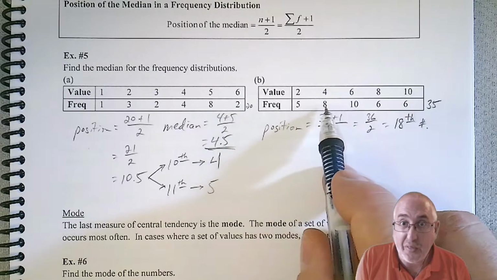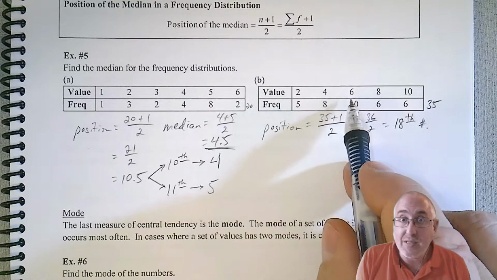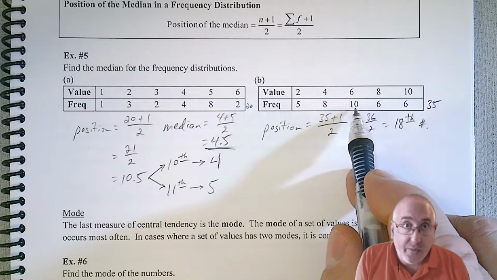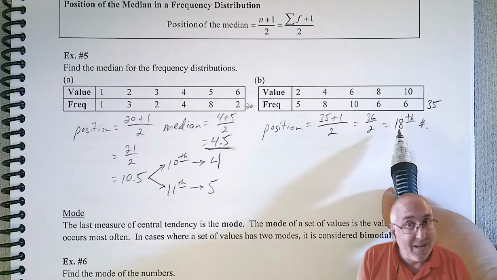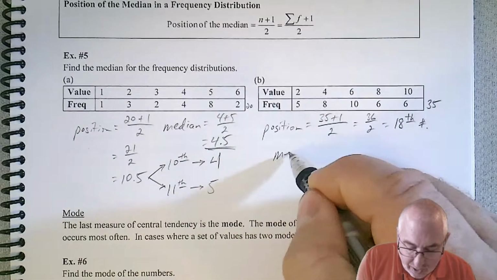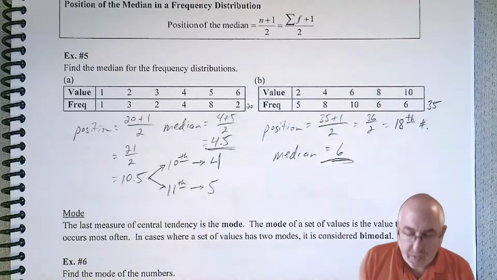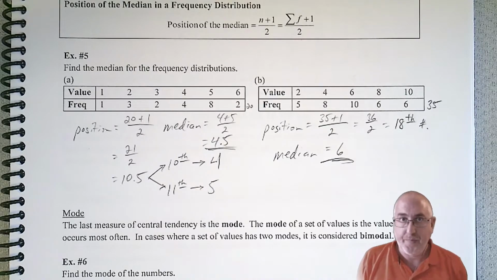So that gets us up to the 13th. The next 10 are all 6s. So from the 13th to the 23rd number are all 6s. So that means the 18th one has to be a 6. So the 6 is our median.